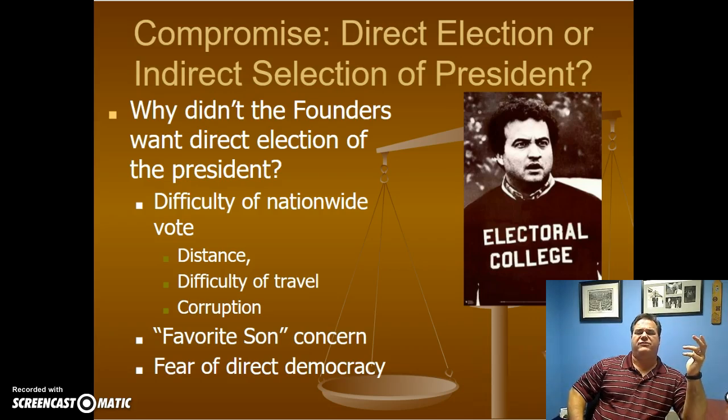Now, why didn't the founders want direct election of the president? Well, I've heard some people say they were afraid of the people that lived in the country, and that's a very revisionist history view. Look, it comes down to simple logistics.